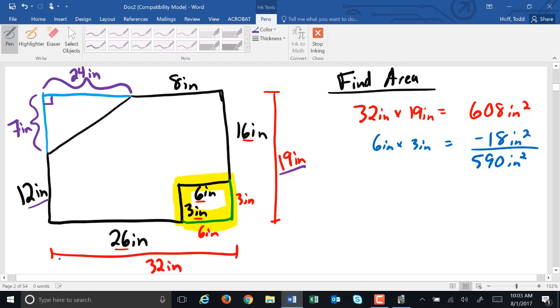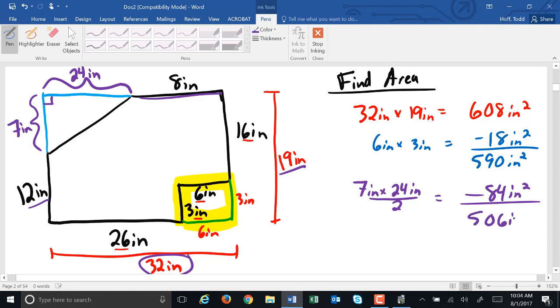The 32, which is the whole thing, minus the 8 that's here. So that is a triangle that is 7 inches by 24 inches. And of course, it'll be divided by 2 because it's a triangle. 7 times 24 divided by 2 is 84 inches squared. We subtract that, we get 506 inches squared. That would be our area.